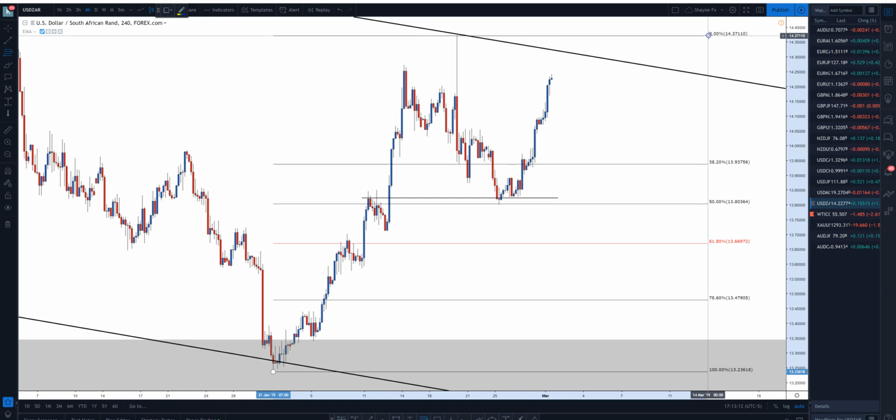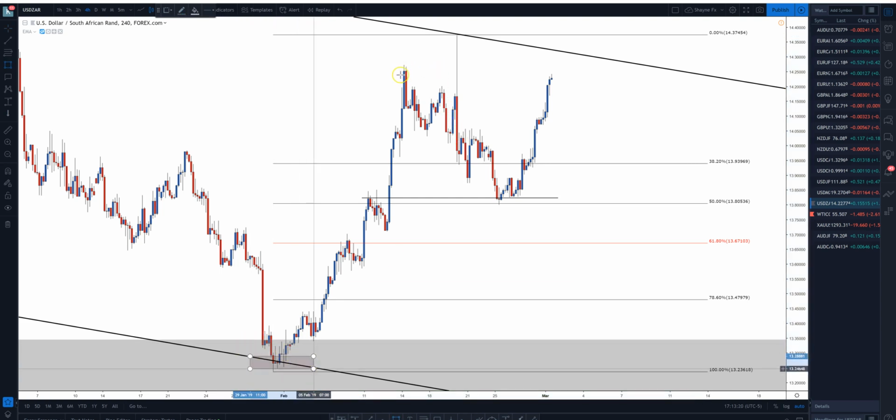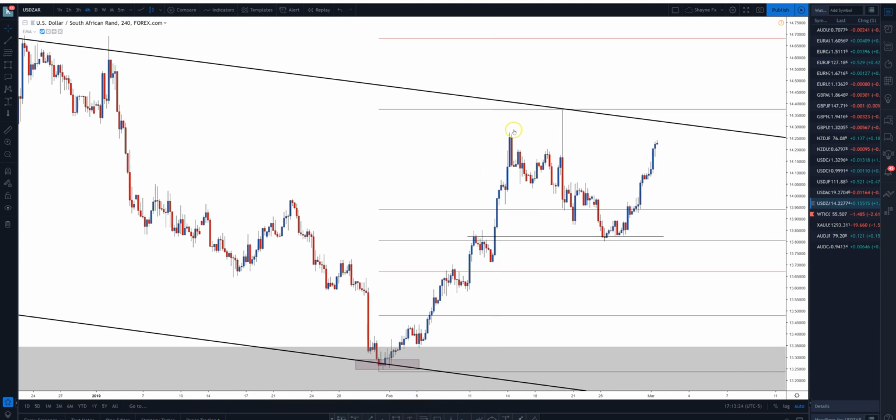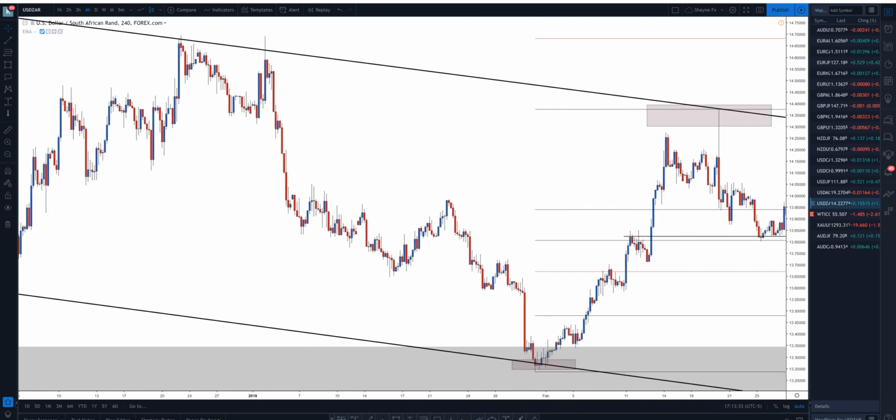Look how clean this is. Look how clean this is. Swing low to the swing high, always to the wick. And look at the zone that just did with the Fibonacci.